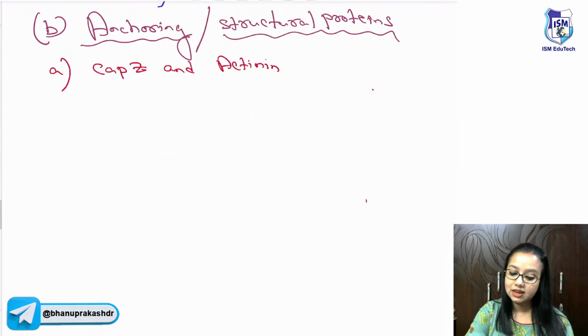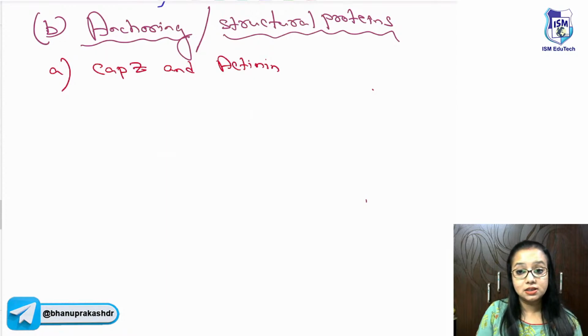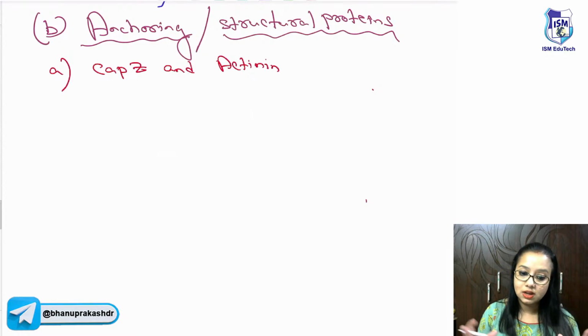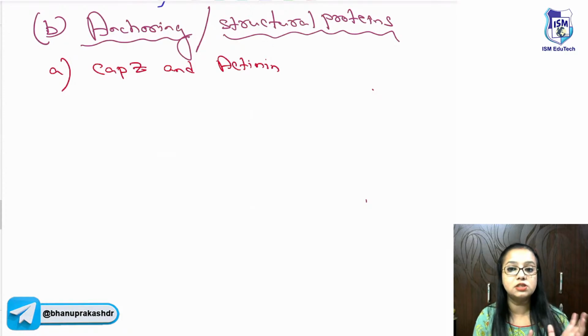Now, by the name itself, we can understand that their main function is to anchor, to maintain the structural integrity of the skeletal muscle fiber, because it is contracting and relaxing. So, in doing so, it should not become loose and come out, or become flaccid, or lose its tightness.